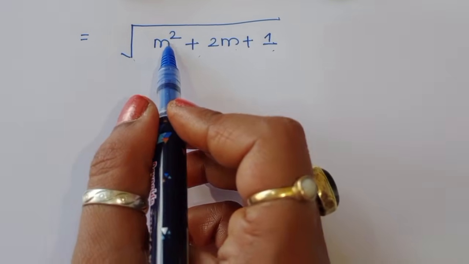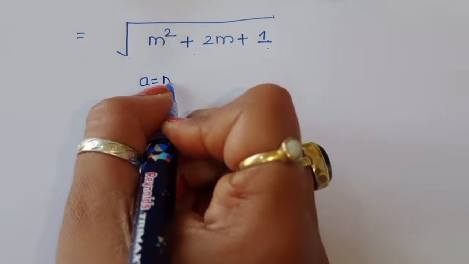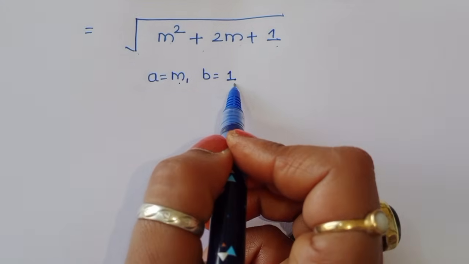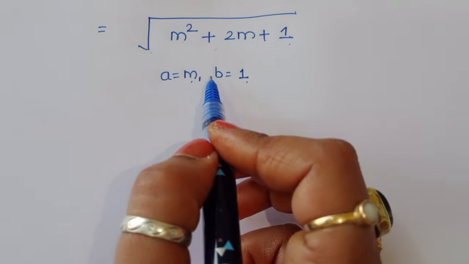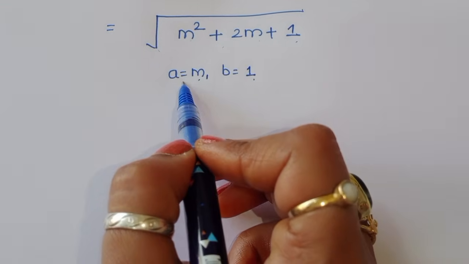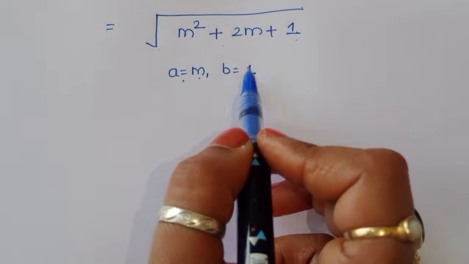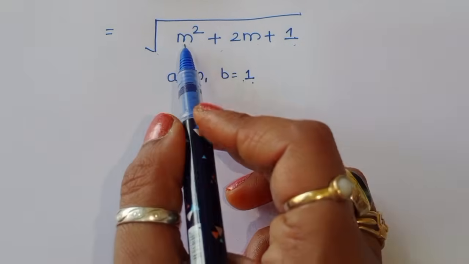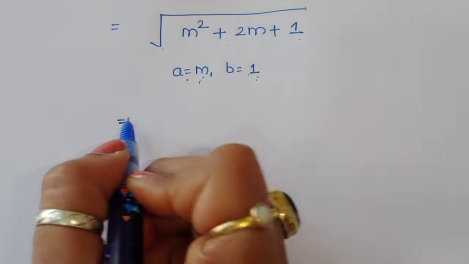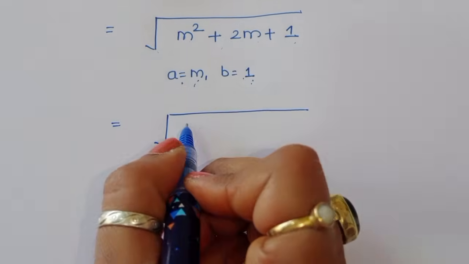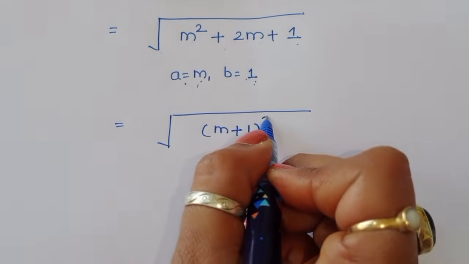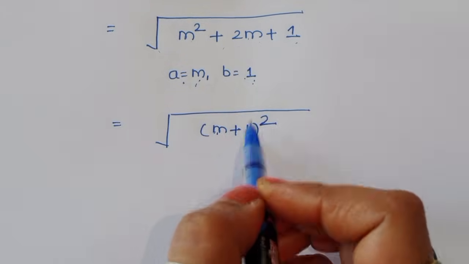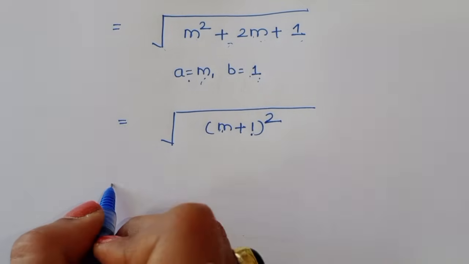Now if a is m and b is 1, it becomes the formula a plus b whole square, which is a square plus 2ab plus b square. So this is m plus 1 whole square: m square plus 2 times m times 1 plus 1 square, right?